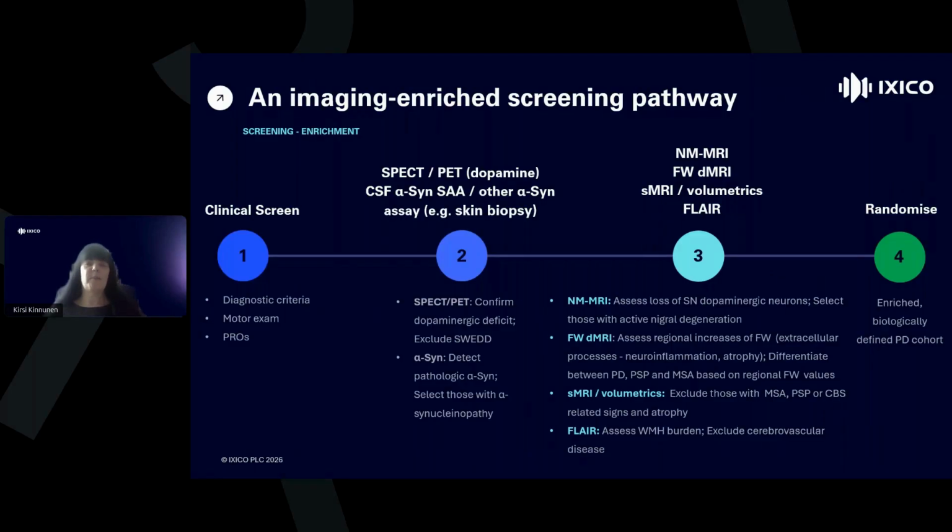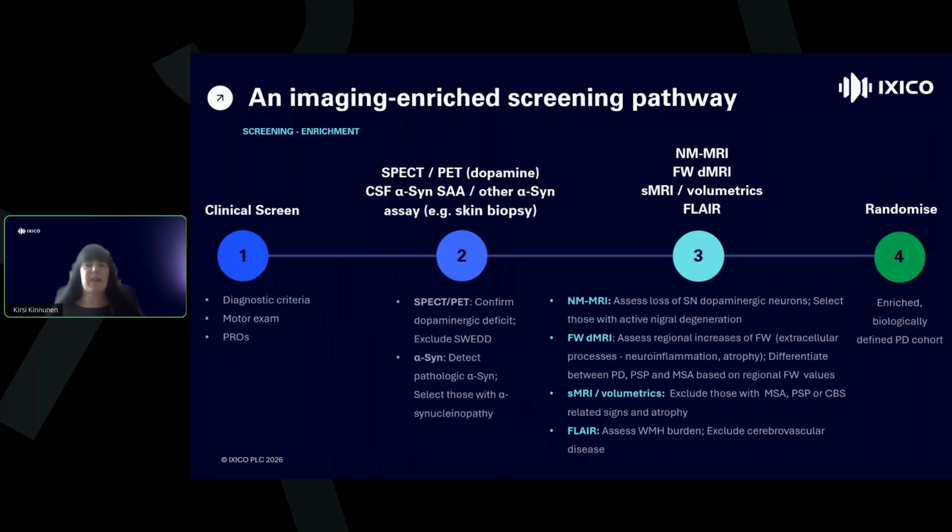Dopamine SPECT or PET helps to remove those. Further, alpha-synuclein seed amplification assay, SAA, or another way to detect pathologic alpha-synuclein, such as skin biopsies, adds to diagnostic confidence and helps to distinguish Parkinson's disease from multiple system atrophy, but it does not confirm Parkinson's disease with certainty.